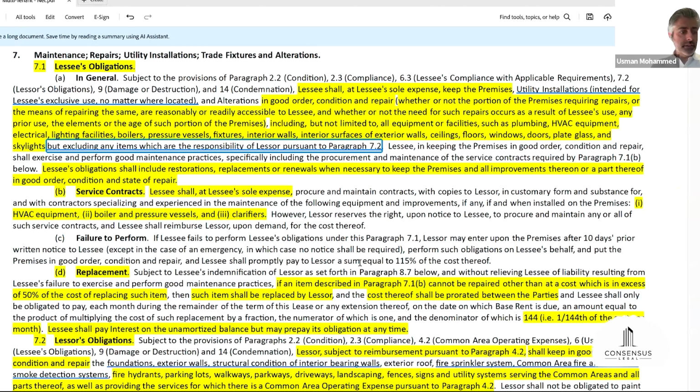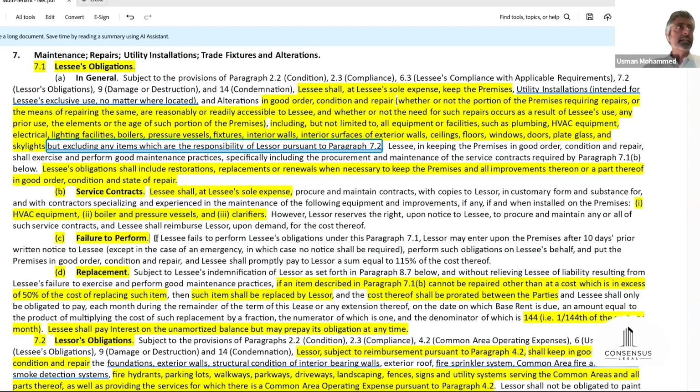So that's replacement. And before I get into the 20-minute Q&A, I will just mention one more concept, which is important to lessors, and that concept is the failure to perform in 7.1c. So if lessee is not repairing and maintaining the premises in good order, condition, and repair, what is lessor's remedy?